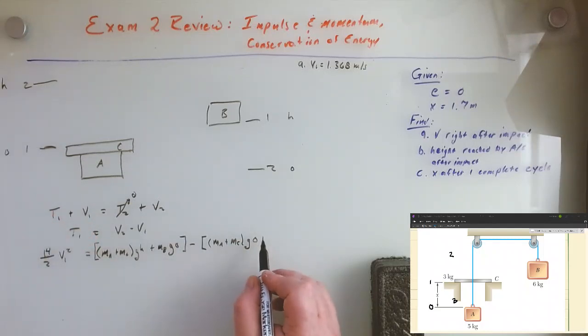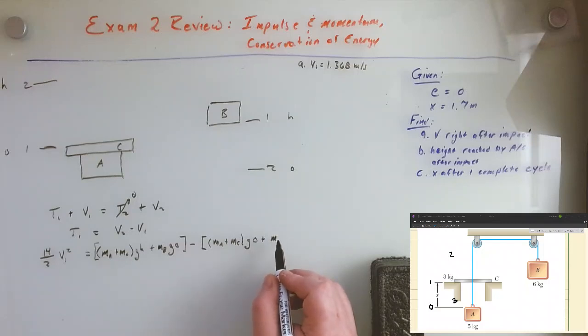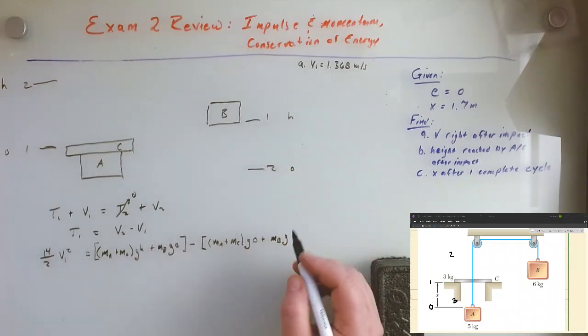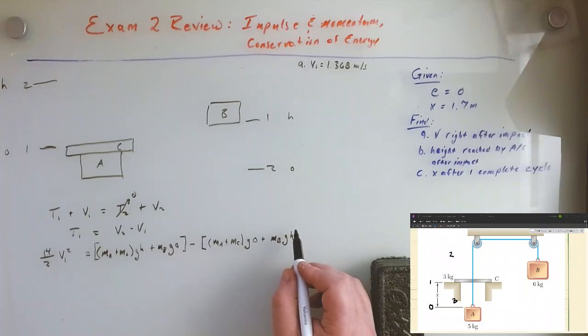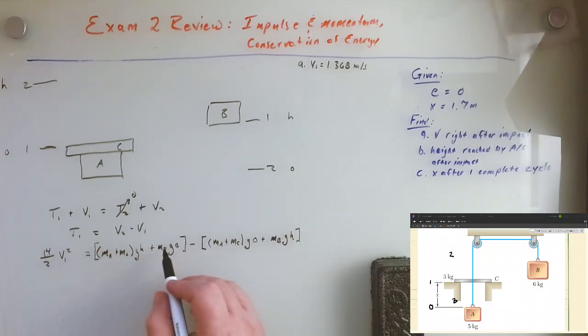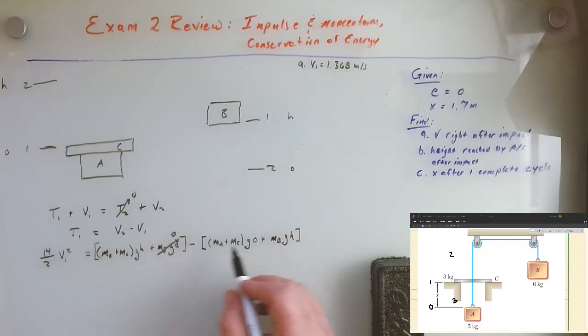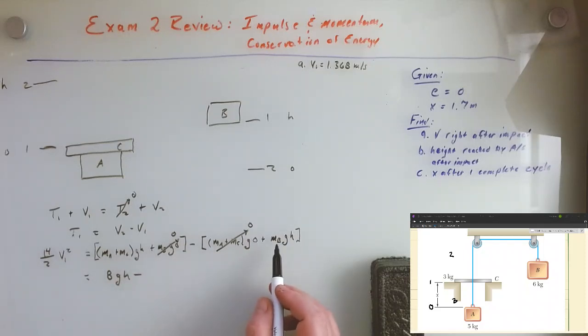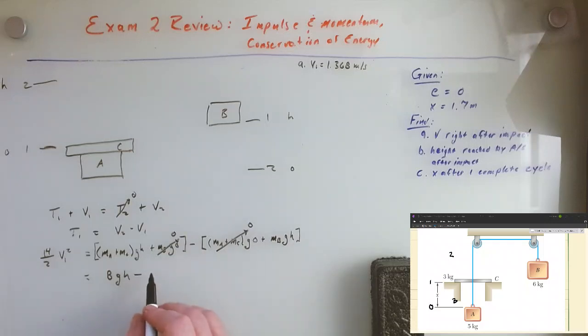Okay, and then plus MB and G, and V1 is H. So the zeros cancel. So what we end up with on this side of the equation is MA plus MC is 8 GH, and then minus 0, so that is 6 GH.